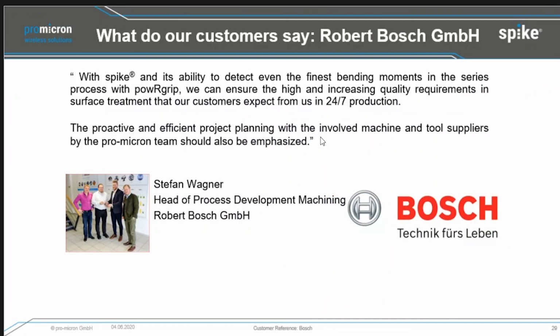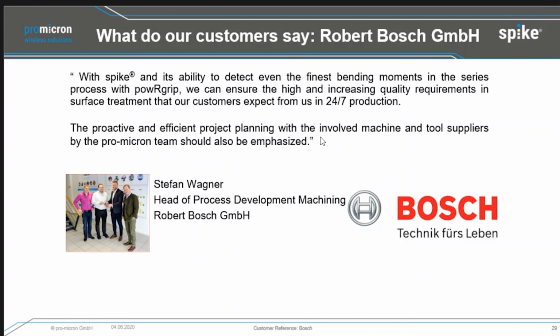Now, what do our customers say that use Spike in serial production or serial production related customers? Company Bosch: With Spike and its ability to detect even the finest bending moments in the series process with power grip, we can ensure the high and increasing quality requirements in surface treatment that our customers expect from us in 24/7 production.